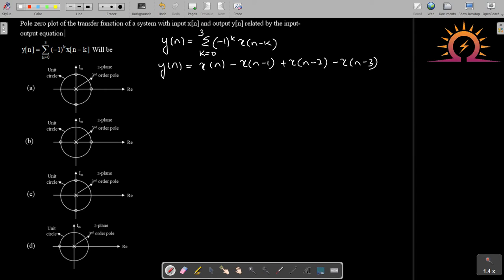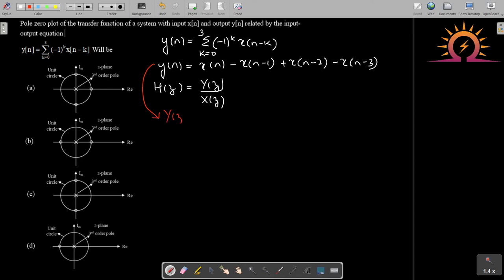Now to find out the transfer function, let's say H of z will be equal to Y of z by X of z. I'll take a z transform for this equation on both sides.